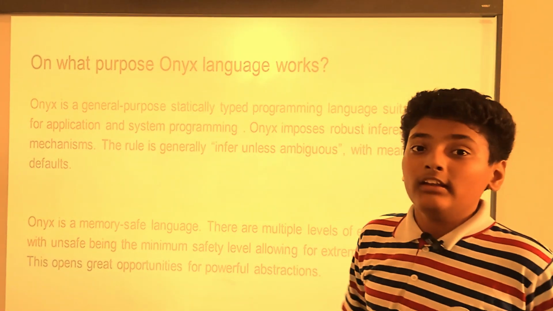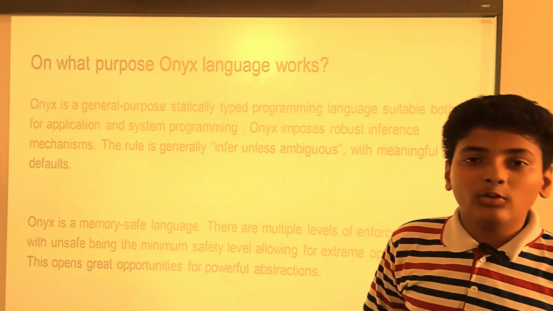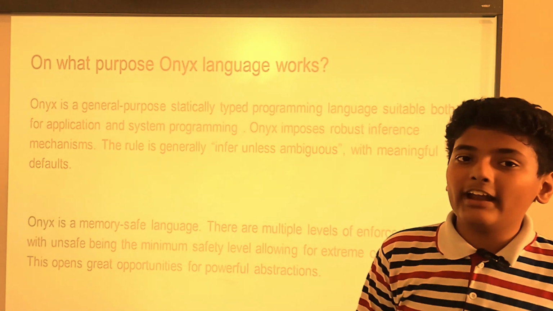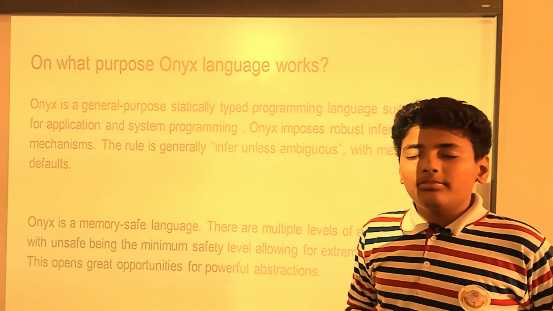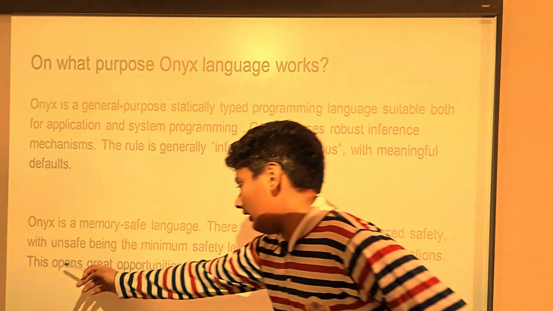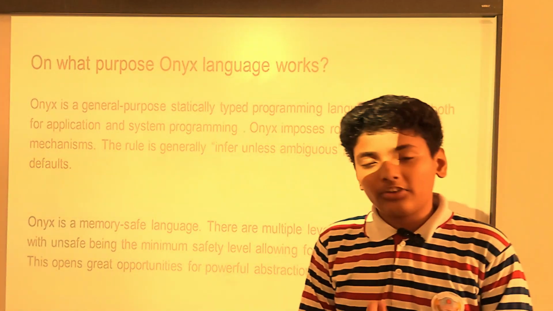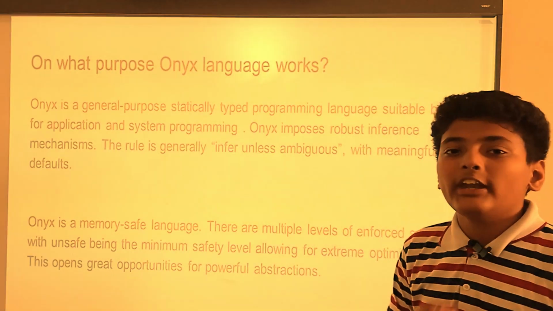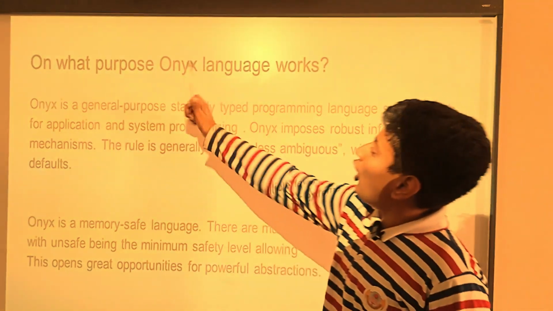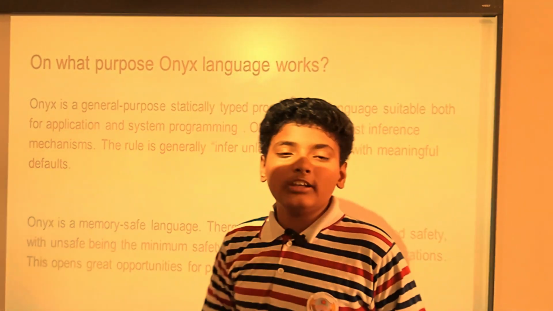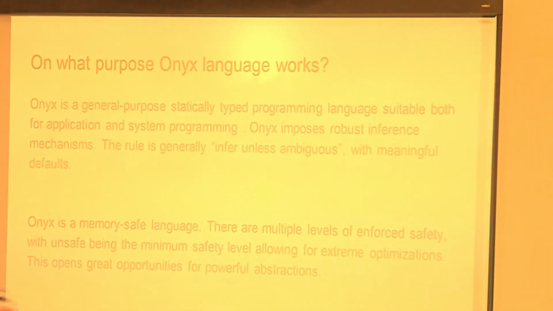And if anybody copies your website, you will remember who copied it, and you can own your website yourself. This opens great opportunities for powerful abstractions. If you are interested in web development and you want to protect your website, you can use this Onyx language. So let's move to the new topic.